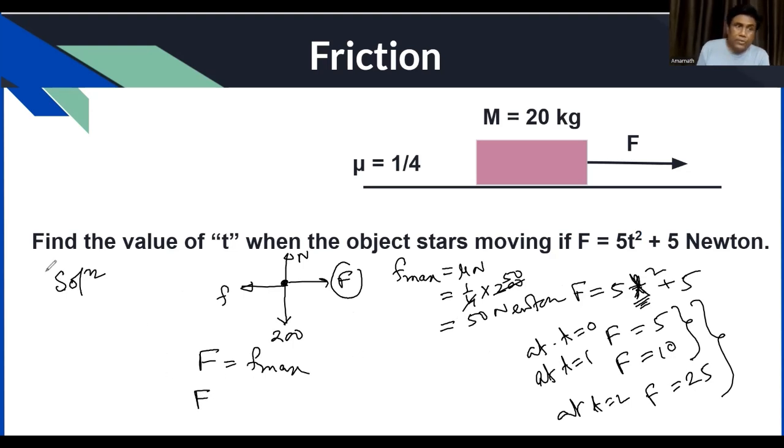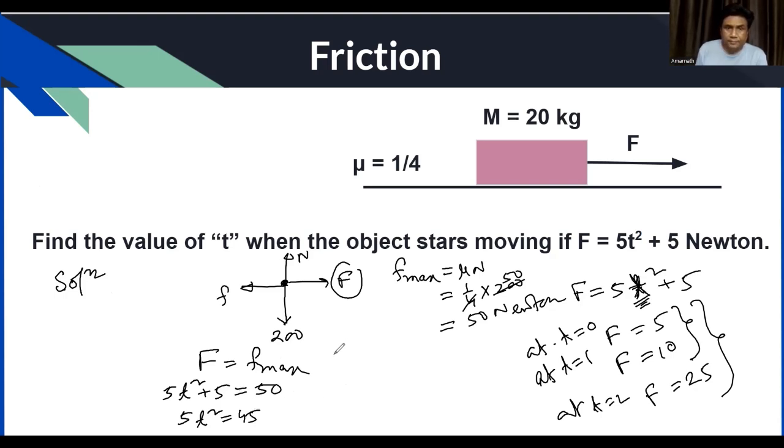In the question, F is given as 5t square plus 5. F max is already calculated to be 50. So 5t square equals 45, since 50 minus 5 is 45.